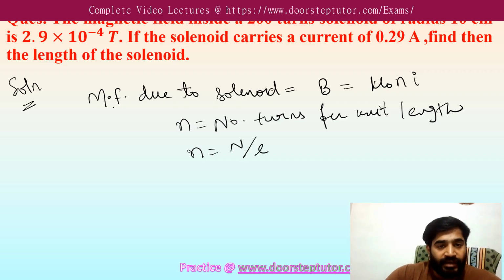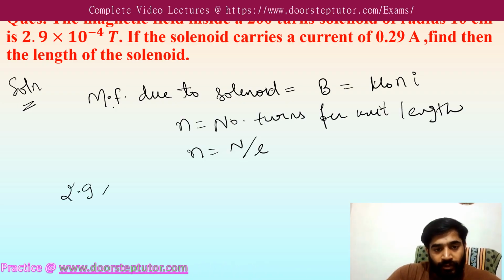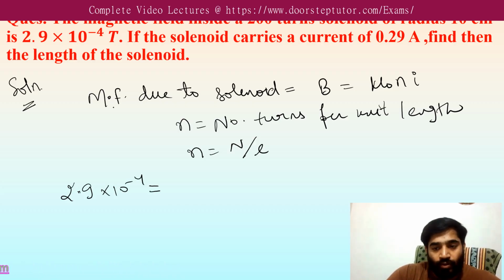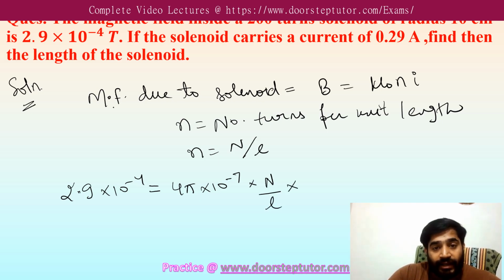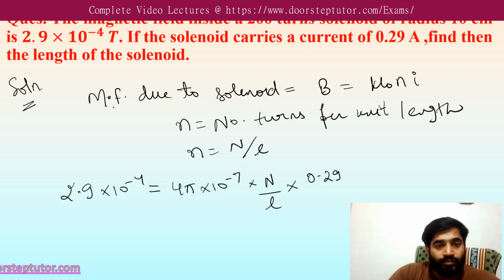So the magnetic field is 2.9 into 10 to the power minus 4 equals mu naught, which is 4 pi into 10 to the power minus 7, into small n, that is N over L, into I, which is 0.29.